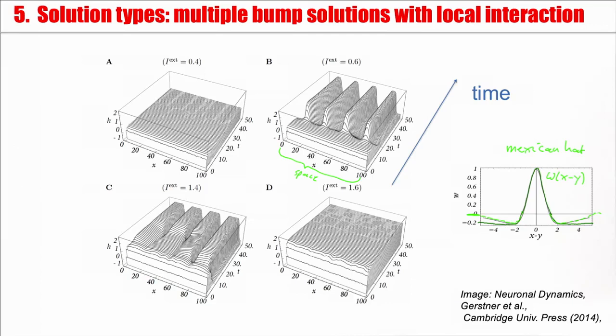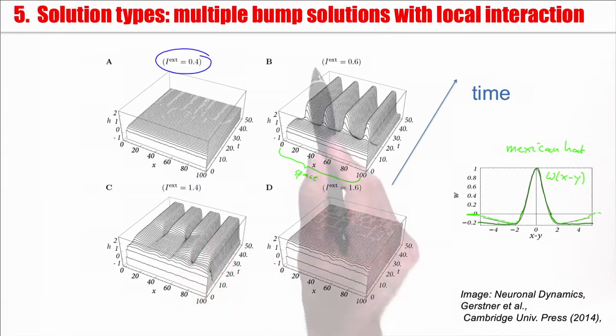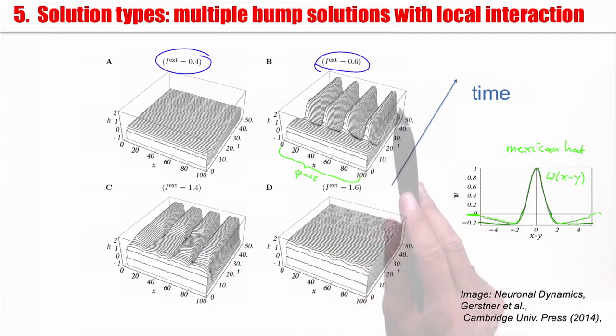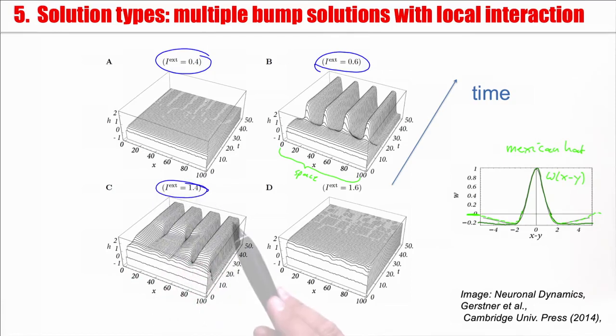Now in this case, for the same interaction profile and for a weak input, we find that there's the homogeneous solution. If you have a somewhat stronger input, then these multiple bumps evolve as a function of time and become stable solutions. If the external input is even stronger, the bumps remain, but they get a little bit broader, and for super strong input, it's just a very high activity state, a homogeneous high activity solution that is stable.